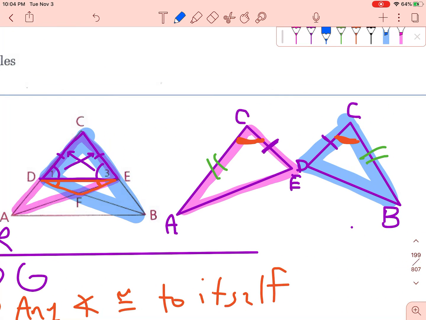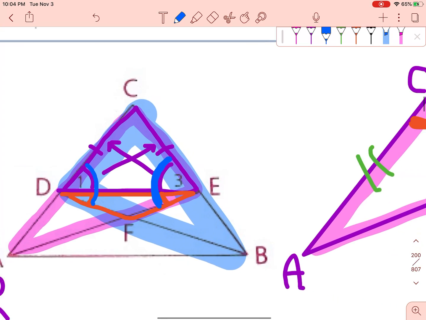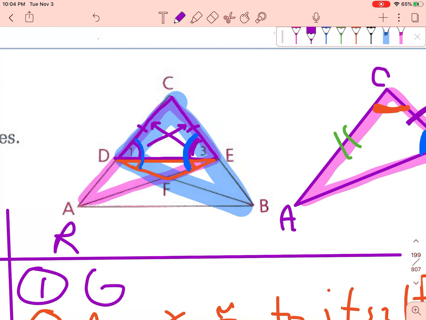So because angle 1 and angle 3 are congruent, and because I have this angle, angle CDB, which is right here, is congruent to angle CEA, right, this blue angle, and again, I'll zoom in over here, this blue angle right here, right? So because those blue angles are congruent to each other, and then because these purple angles are congruent to each other, by the subtraction property, these orange angles would also have to be congruent to each other.